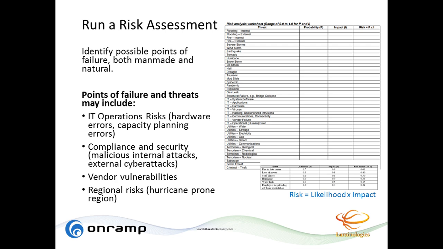There's also lots of information out on the internet to help you with your brainstorming in terms of understanding the risks that might be special to your industry or to your part of the world or the country. A good place to start is within your own company. If you've been in business for a while, if you've got records of things that have happened in the past, that's a pretty good indication that they might happen again.